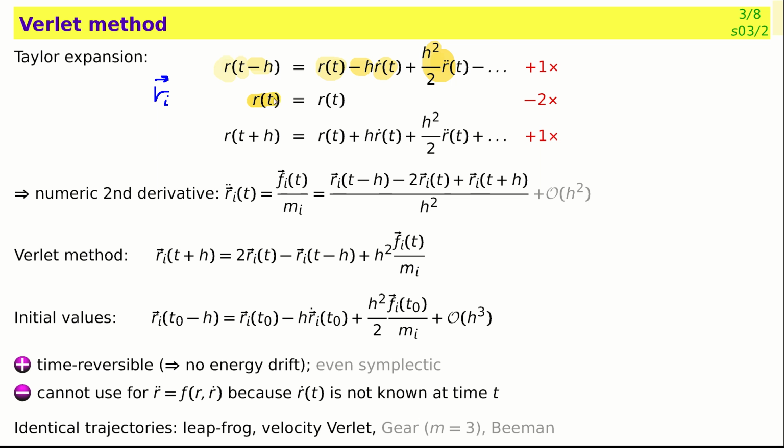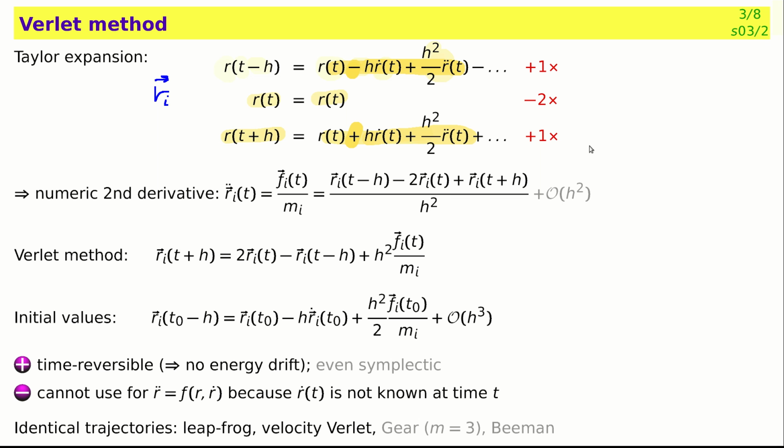Then I will write this trivial equation, and then I will do the same for time plus time step. Again, I have here the expansion that looks pretty the same except for the sign.